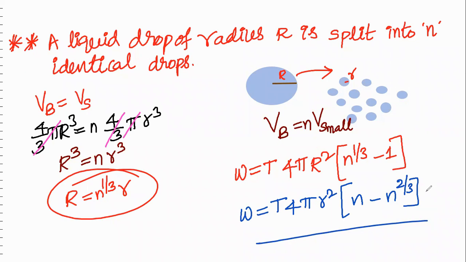This is the work done in splitting the big drop into small identical drops. Okay, we will go to the numerical part. These are the major synopsis.